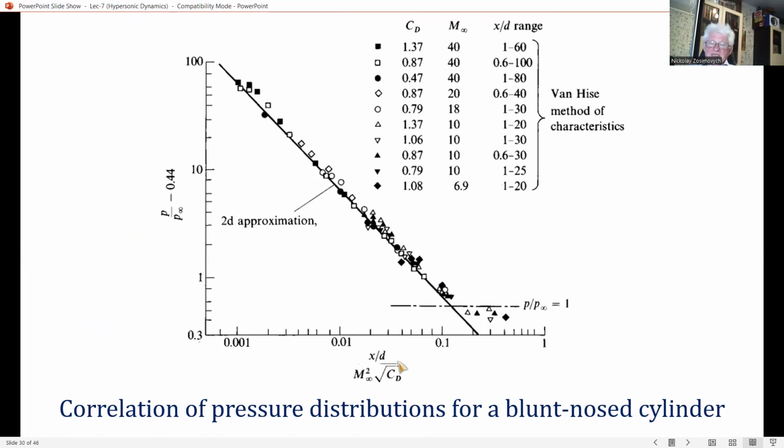And here, the origin is shifted by delta X, namely D. Once again, we see the general confirmation of the trend established in blast wave theory, namely that for a blunt nose cylinder, in this case, the pressure distribution P/P infinity varies directly as M infinity squared, and directly as the square root of CD, right? And inversely as X/D.